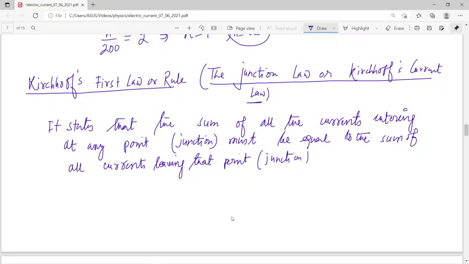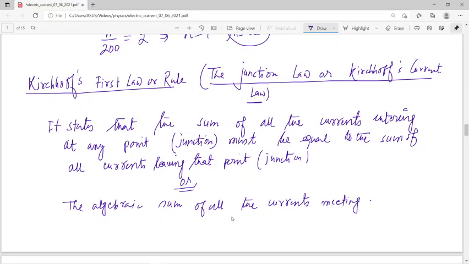Or this can be said in a different way: the algebraic sum of all the currents meeting at a point in a closed electrical circuit is 0. That means total current is equal to 0.